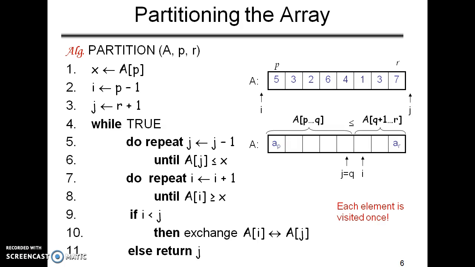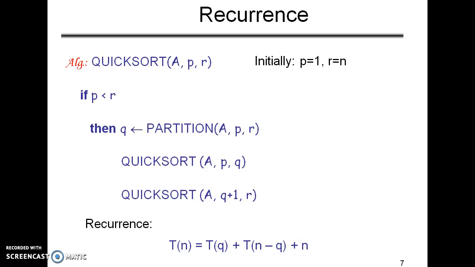Here we choose the partitioning element as the leftmost element, I is P minus 1 and J is R plus 1, and we repeat the process. This is the recurrence of quicksort, so we will focus on the recurrence T(n) = T(q) + T(n minus q) + n.